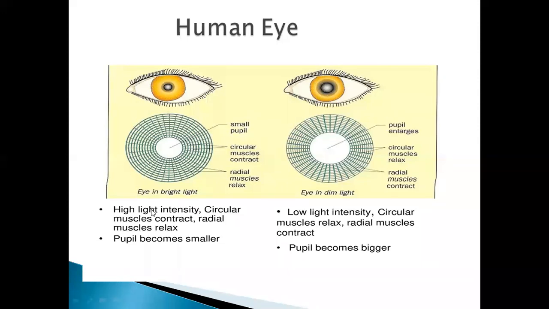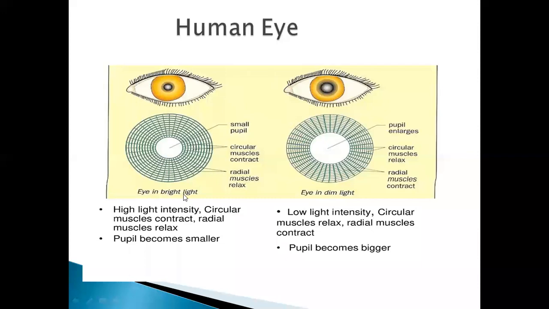Yes. In case of high light intensity, when the light is very high, circular muscles contract. You can see the structure of the pupil here. So the size of the pupil is small in bright light. What happens? You can see these round muscles, these round lines are showing the circular muscles contract, and these lines are showing the radial muscles relax.